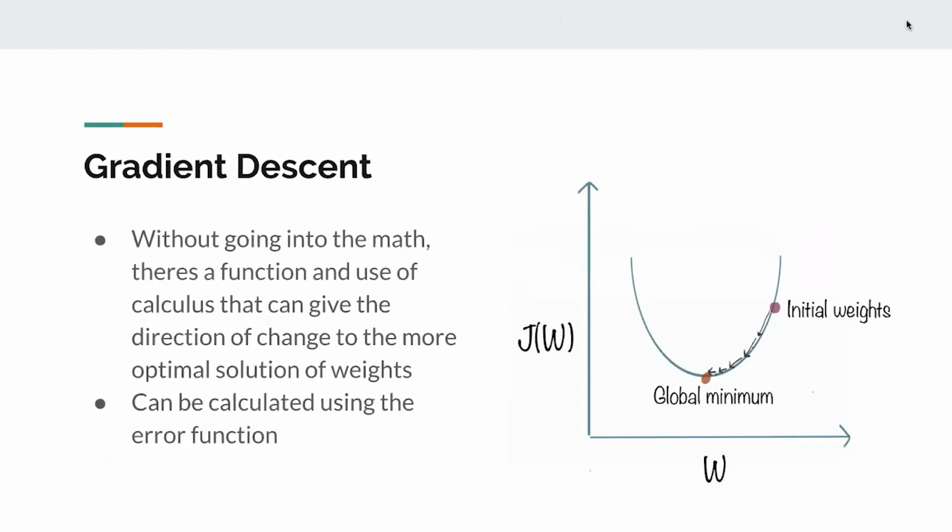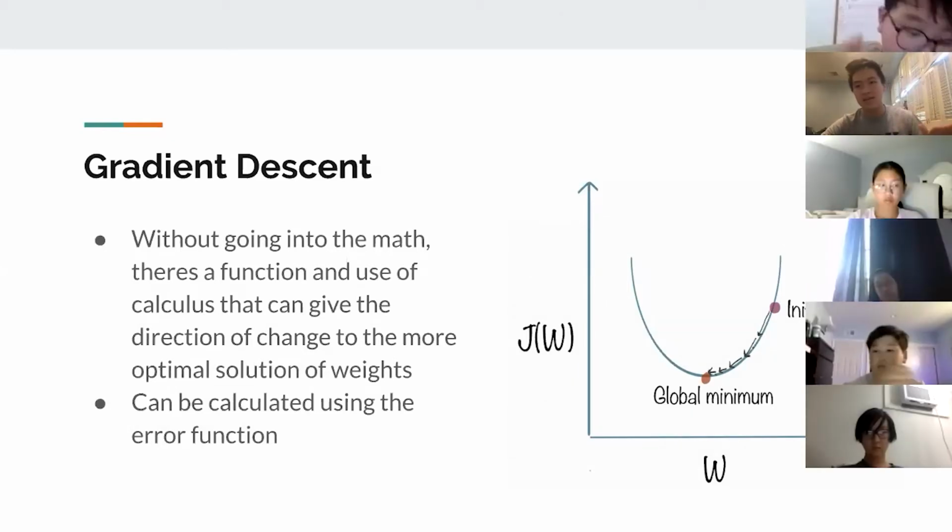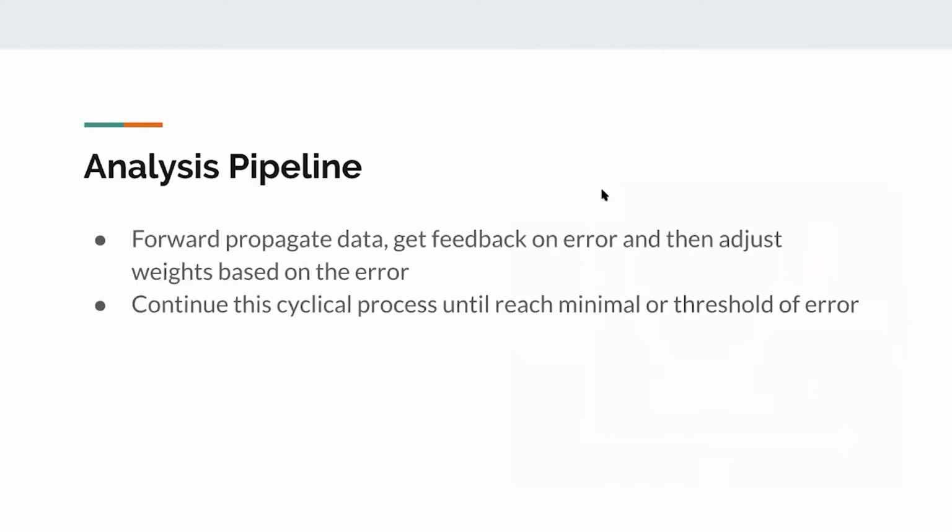It basically tells you the direction to move to get a lower error, and you can calculate that and then adjust your model using the derivative of the error. Once again, this is calculus and pre-calc. Do not worry about it. Just understand that you can use the equation to find how much you should adjust the weights by to get a better model.